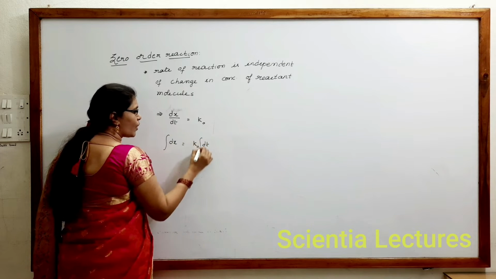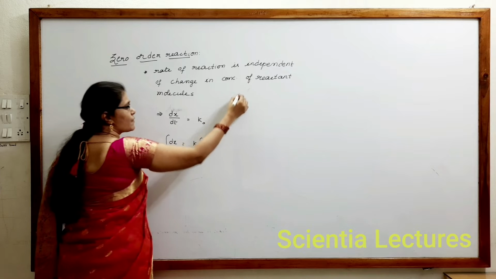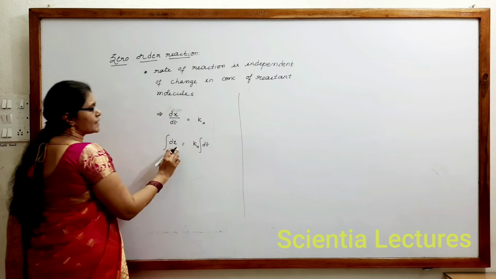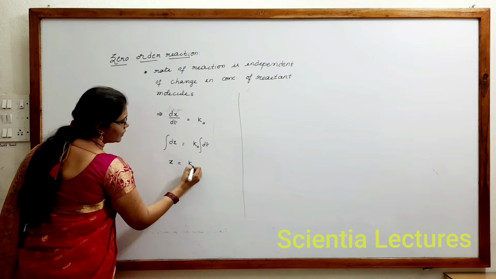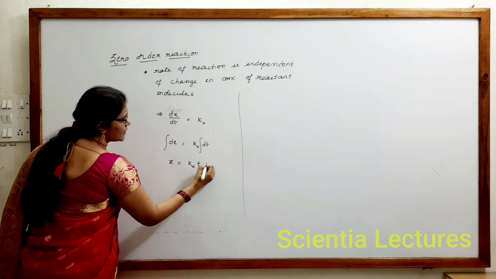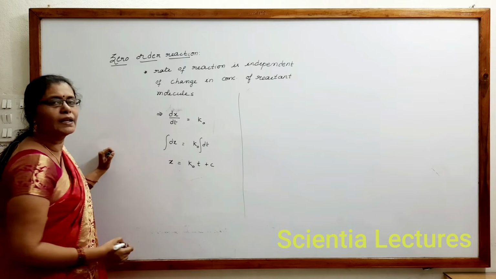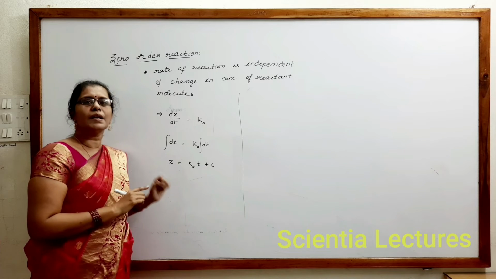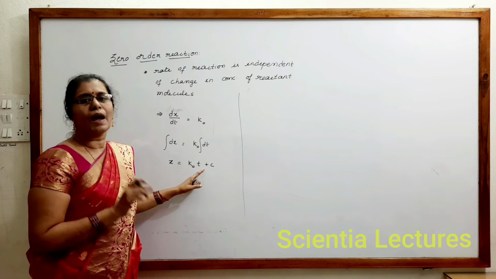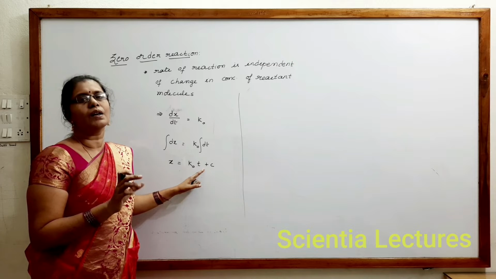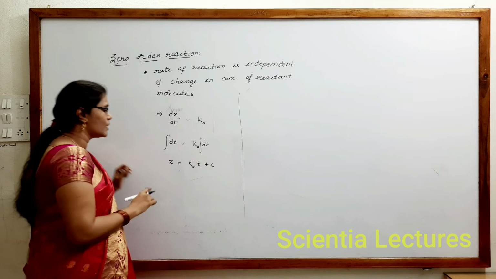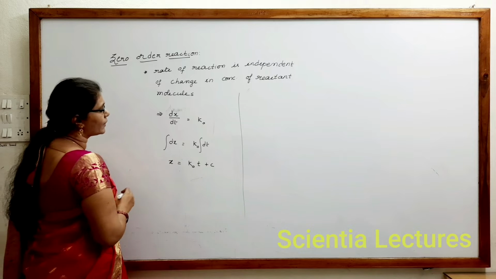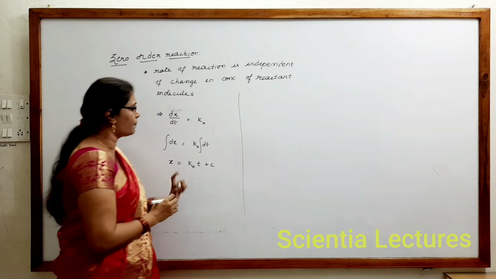Taking integration on both sides, previously we have seen that integral dx is x, equal to k naught into integral dt, which is t, plus c. As we said, in integration we always keep the constant on any one side to avoid errors in integrating the values. So x equals k naught t plus c.